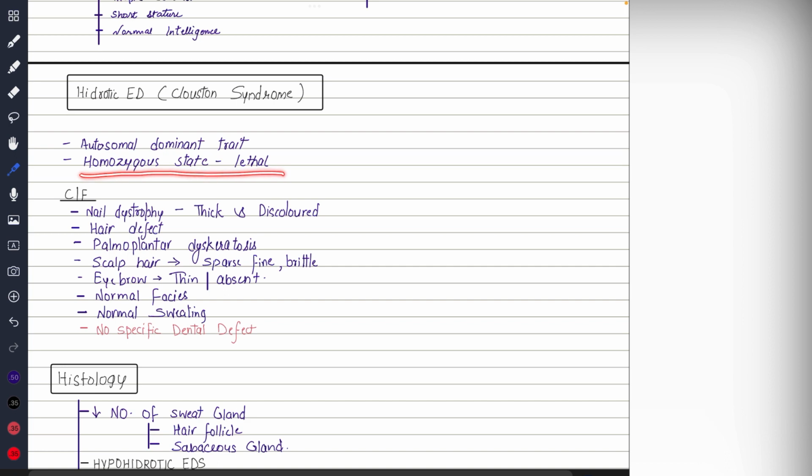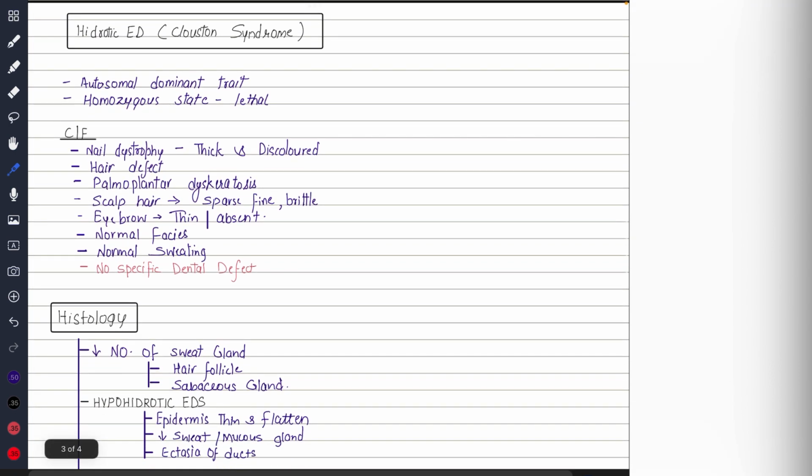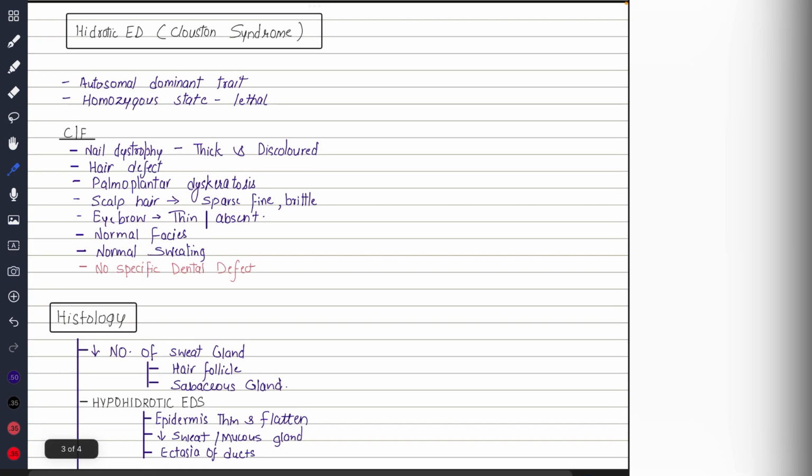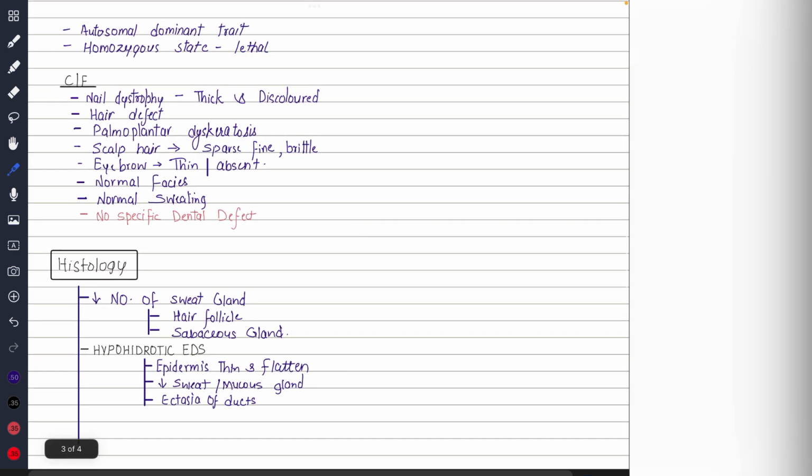Homozygous state, lethal. In this state, if you have both of the genes affected by ectodermal dysplasia, then it is going to be very lethal. In this state, you have nail dystrophy. Your nails will be thick and discolored. Hair defects will be present, right? Palmoplantar dyskeratosis may be present, with an increased amount of keratosis.